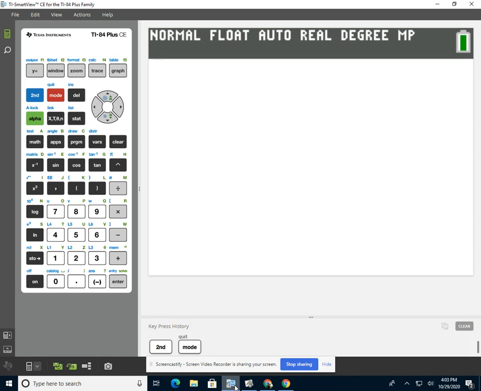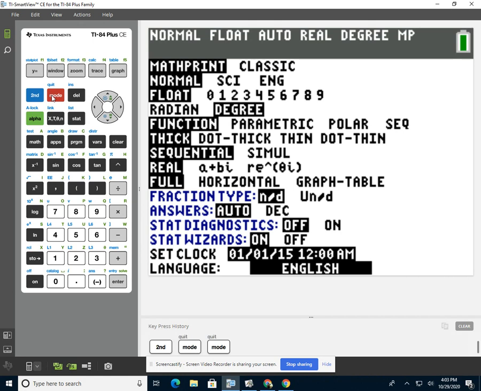If you're using a calculator, you just go to mode, and you will see that you can scroll down. If you have reset your calculator and turned it off and on, you will automatically be in radian mode. So just make sure you put it in degree. Whenever you're calculating, you want to put it in degree. Okay, so it is in degree mode, so that's great.